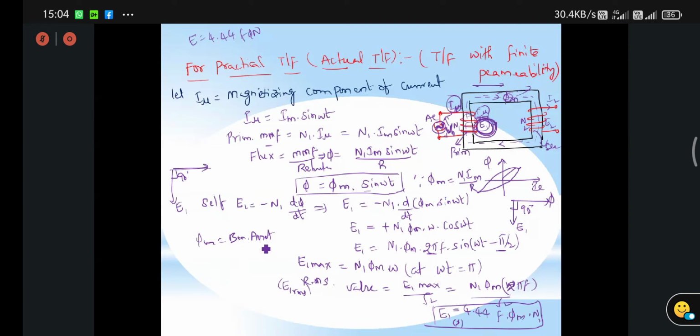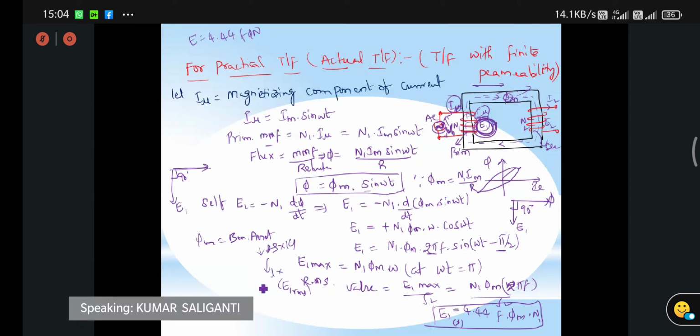The net cross-sectional area equals Ag into Ks, where the stacking factor Ks is 0.9 to 0.95, and Ag equals L into B.